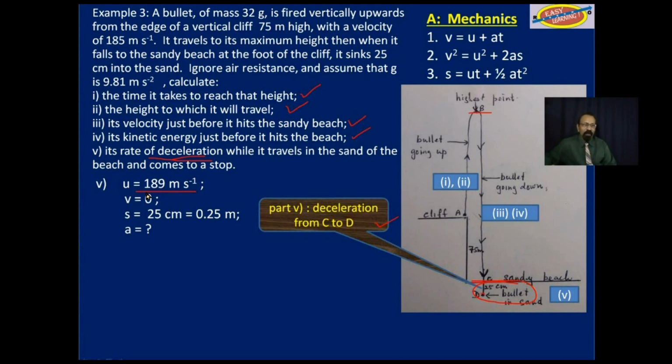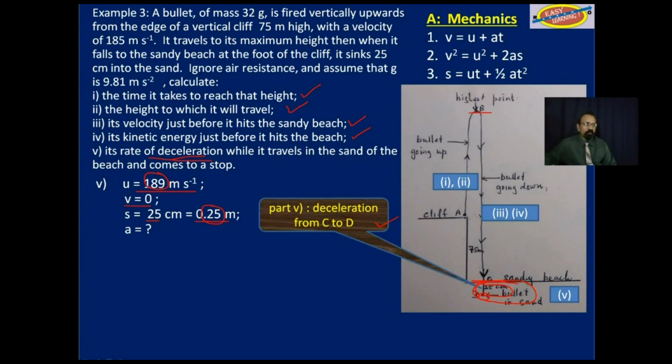The final velocity, the bullet will come to a stop, so it is 0. The distance we know is 25 centimeters or 0.25 meter. Note again, 3 significant figures, 2 significant figures. Our answer can only have 2 significant figures.